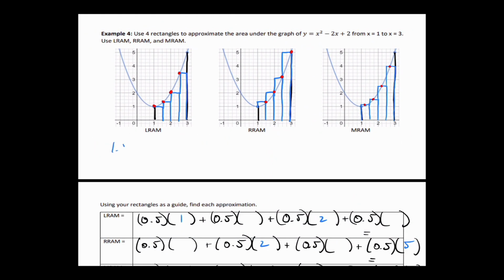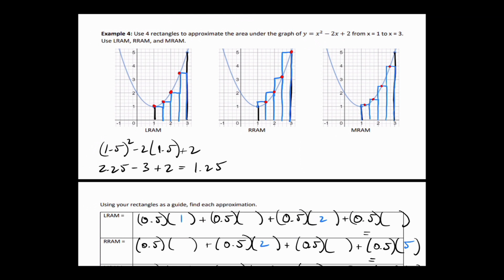So if I plug in 1.5 for x, 1.5 squared is 2.25. 2 times 1.5 is 3. 2.25 minus 3 is negative 0.75, plus 2 is 1.25.